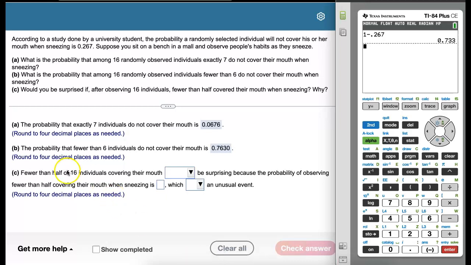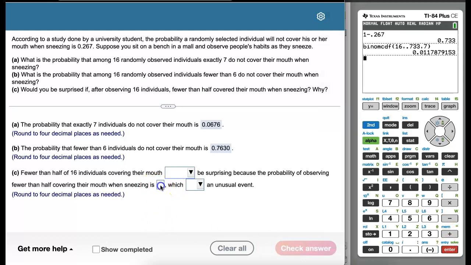And I'm going to use that probability with this information now in binomial CDF. So I'm going to come back to binomial CDF. I'm changing my probability to 0.733. Fewer than half means fewer than 8, which is the same thing as exactly 7 or less. So that would be what I want for my x value. And I get this result.